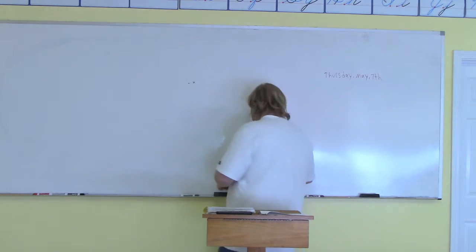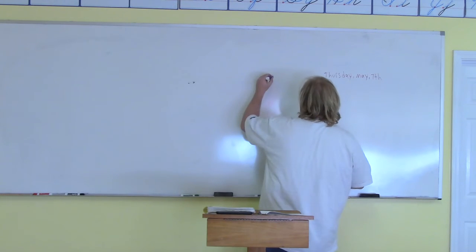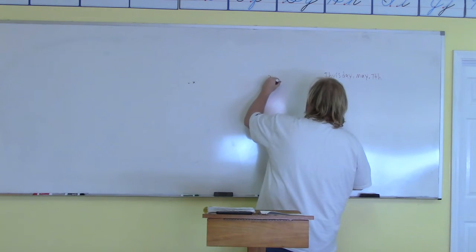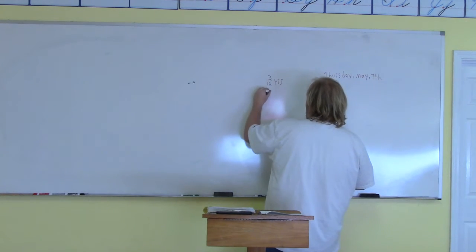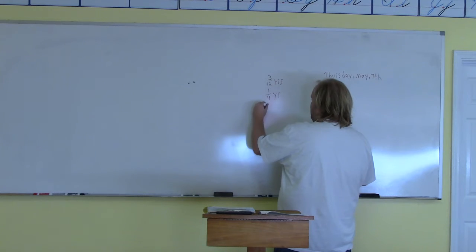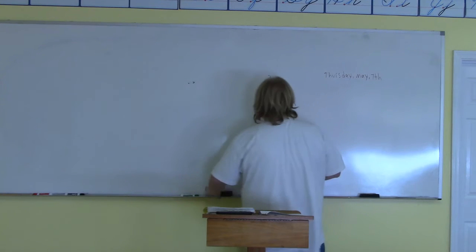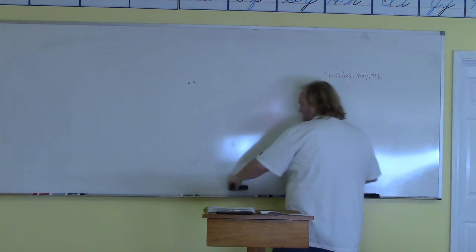So you would go 3 over 12 years, which is 1/4 of a year, or as a decimal, 0.25 years. So you're going to have to do that on a couple of these problems, and we're going to look at some of the representations.